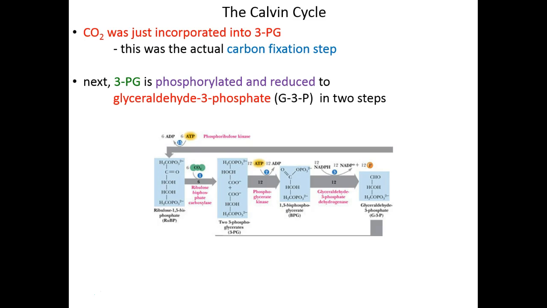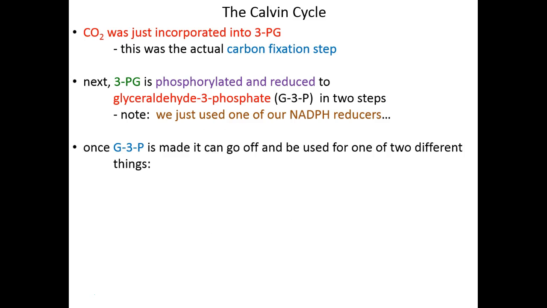So all of this should seem very, very familiar to you. It's very much like gluconeogenesis. It's very much like glycolysis in reverse. And you might also note that there in step 3, we just used one of our super-duper NADPH super reducers. In order to convert 1,3-BPG into glyceraldehyde 3-phosphate, we needed to call upon NADPH to catalyze that reaction.